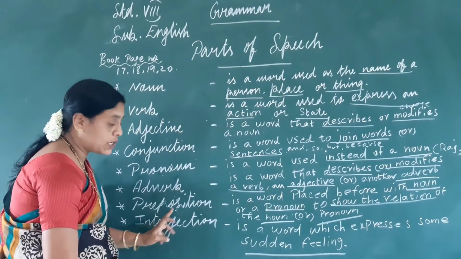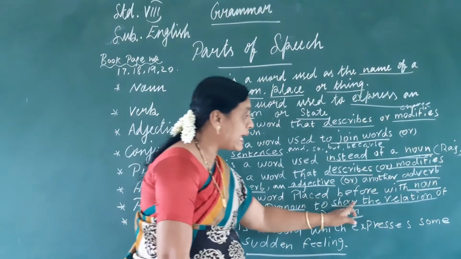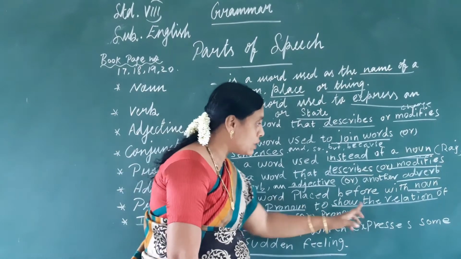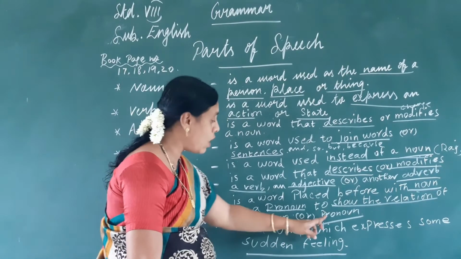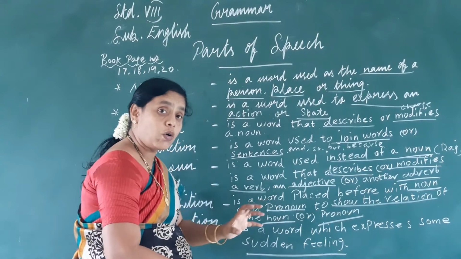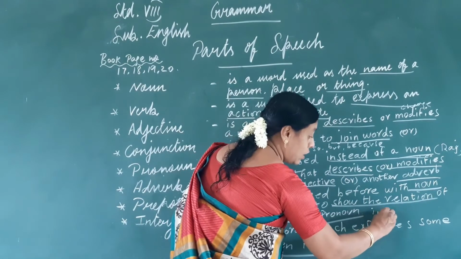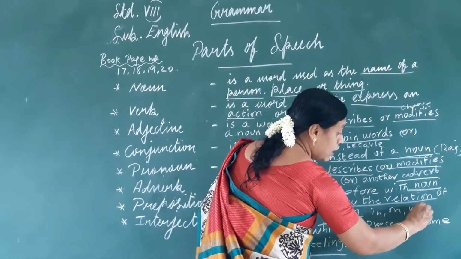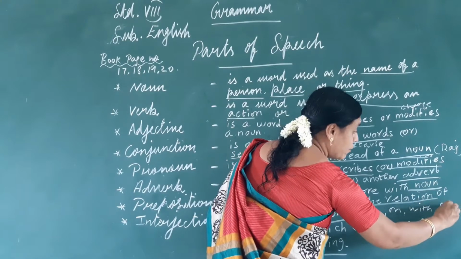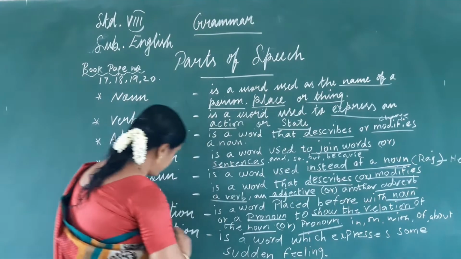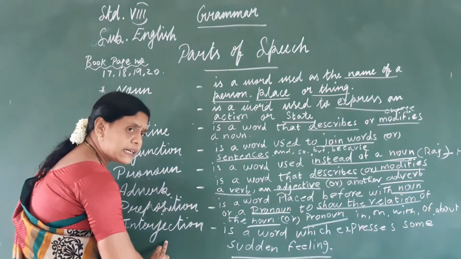And preposition is a word placed before a noun or pronoun to show the relationship. In, on, with, of, about are all called prepositions.